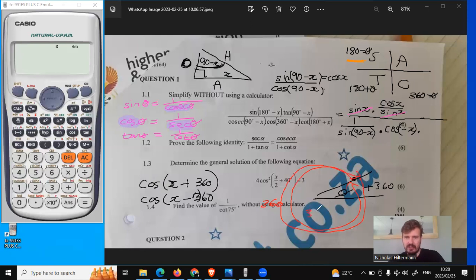If it's plus 720, that's just two circles, like running around the field twice but ending at the same place. So the answer to both of these is just cos of minus x.